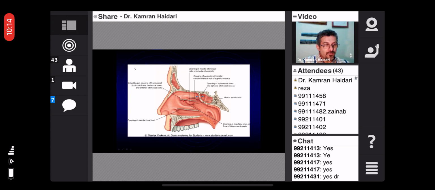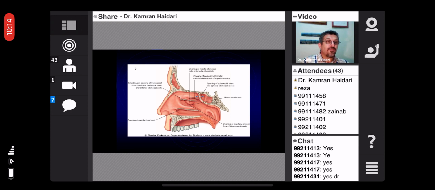In the next picture, we remove a part of middle concha, okay, under cover this area. Therefore, from anterior to posterior, we've got the opening of frontal sinus, anterior ethmoidal air cells, middle ethmoidal air cells, and the maxillary sinus. And this is normal.